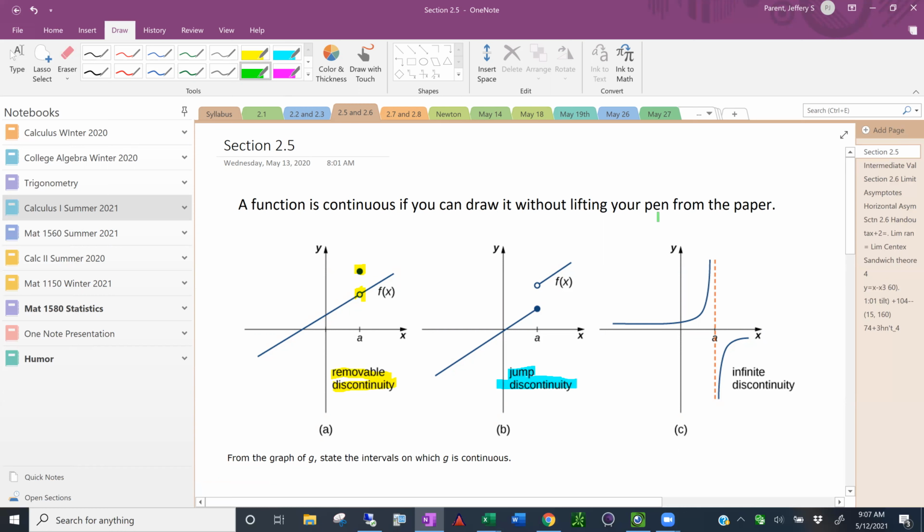You'll see this in functions like y equals 1 over x, where you have a denominator which is 0. This is just one example. The function could go up towards infinity or down towards negative infinity like it does over here. It could do the same thing on both sides. It's still an infinite discontinuity. The function can't be drawn without lifting your pen from the paper.